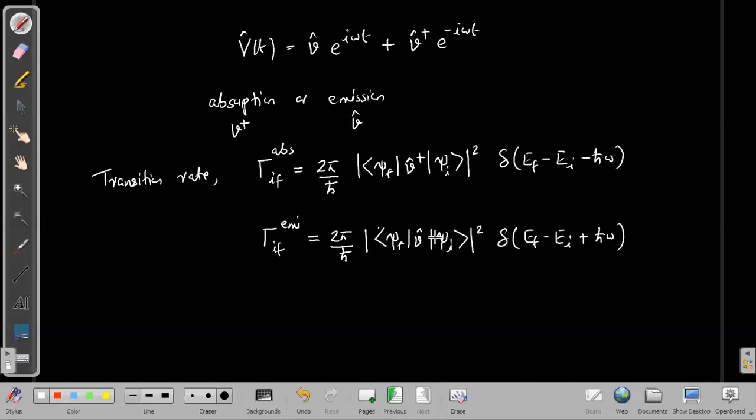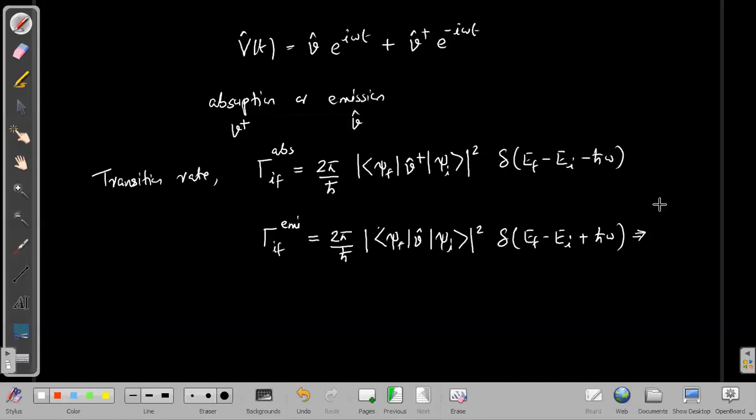Okay, so that's about the discussion. This absorption is the system absorbing energy from outside, maybe a photon, and this emission we can refer to as stimulated emission, because we have a perturbation, and due to the perturbation the system emits energy.